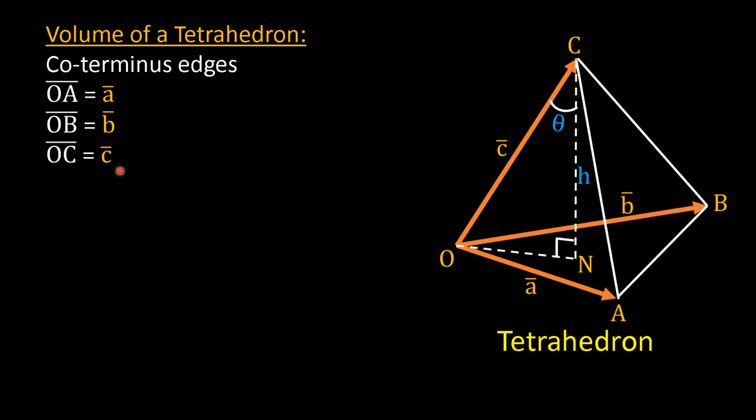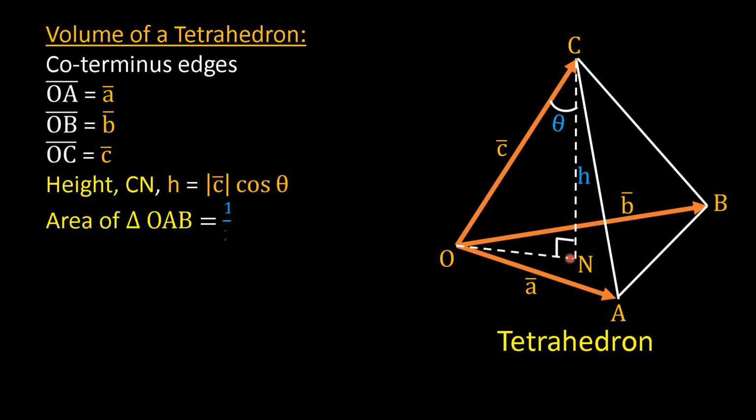First, let us draw height Cn, which we call h, perpendicular to base triangle OAB. So we draw this Cn, which is perpendicular to this base triangle OAB. Now it will be mod C bar cos theta. We know that area of triangle OAB is half mod A bar cross B bar.